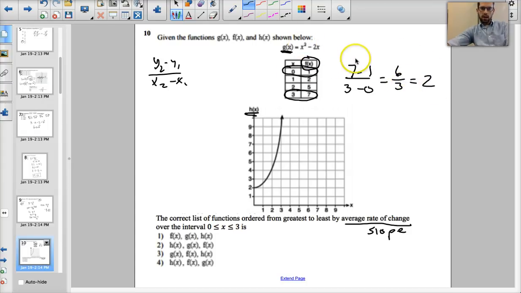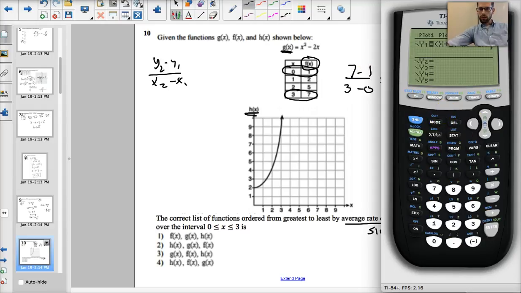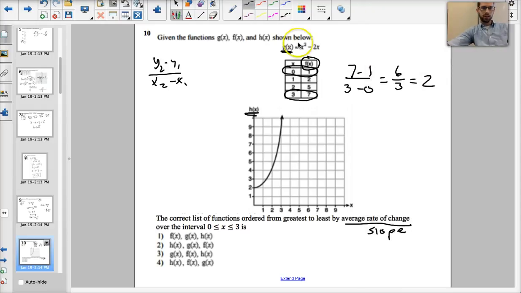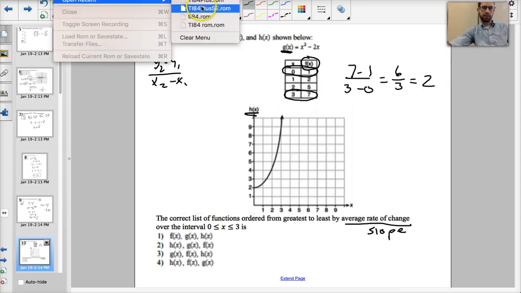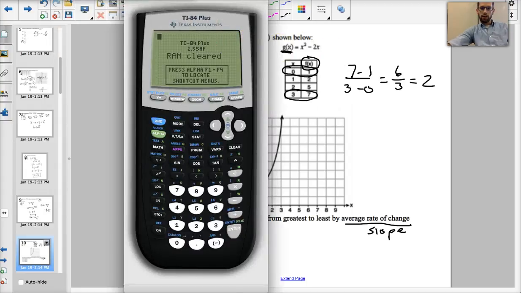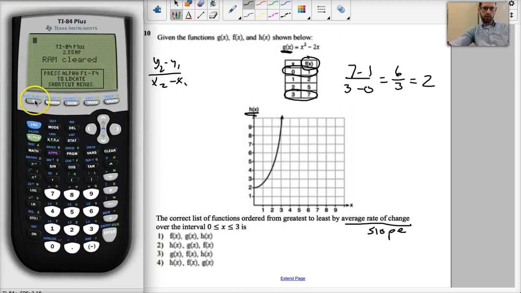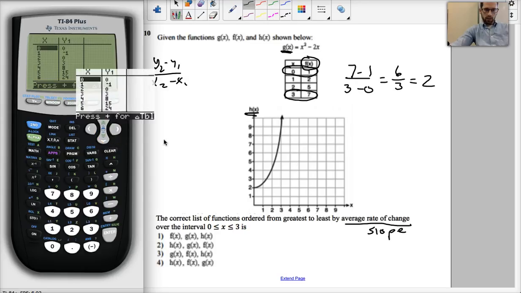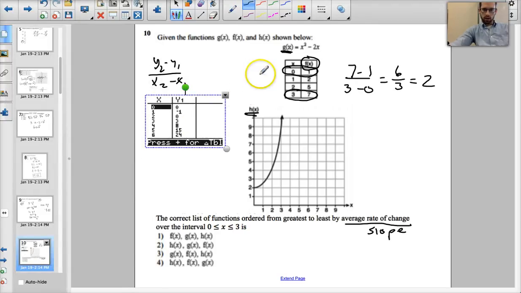For g of x, I'm feeling lazy, so I'm going to plug it into my calculator and check my table there. I'll go to my y equals screen and plug it in: x squared minus 2x, going to my table. And I'm going to use the average rate of change formula again.